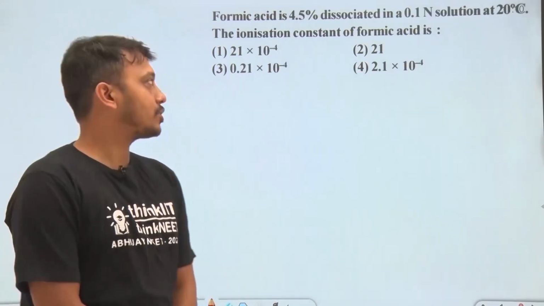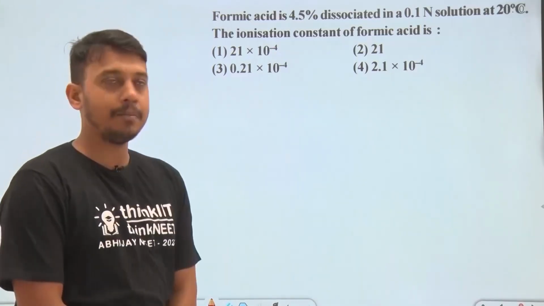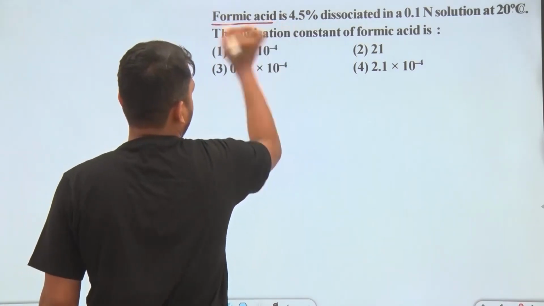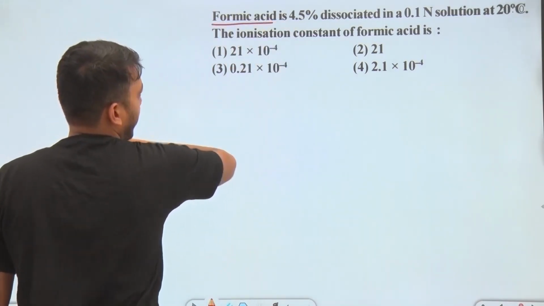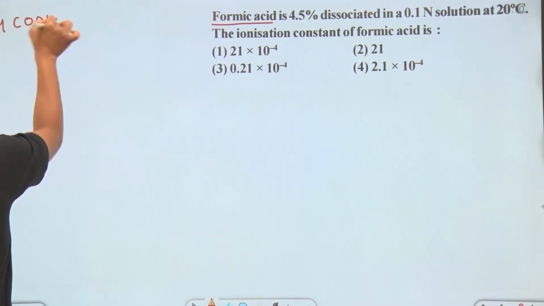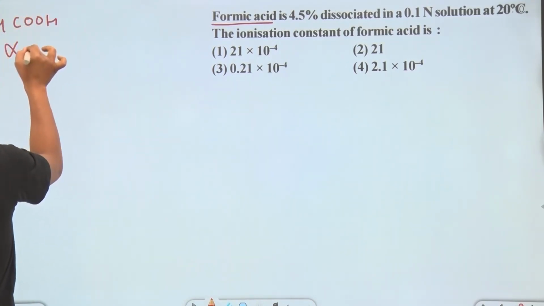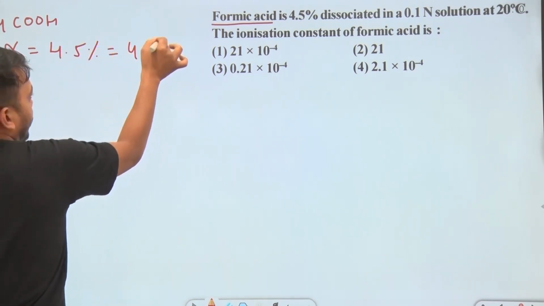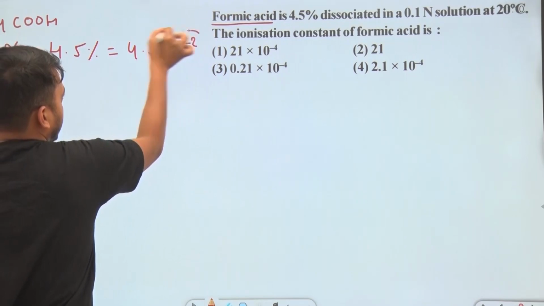So students, the next question is from ionic equilibrium. The question is: formic acid, HCOOH, is 4.5% dissociated. So HCOOH is the acid and its degree of dissociation is 4.5%. It means 4.5 into 10 raised to the power minus 2.